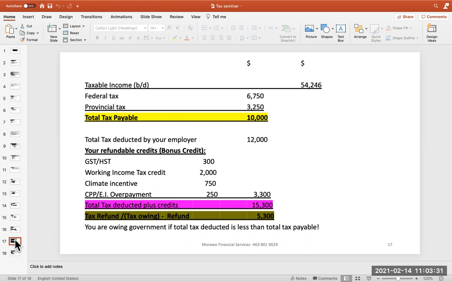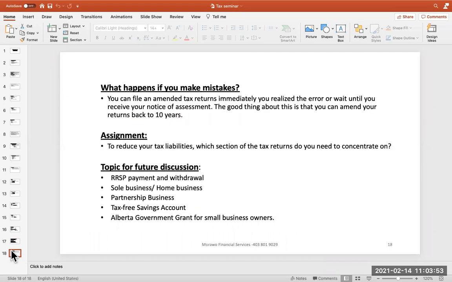You add it to 6,000, that will give you 9,300. So your tax deducted plus credit is just 9,300, and you are owing 10,000. So that means you'll be owing the government 300. So that is how you come about a tax refund and tax owing.